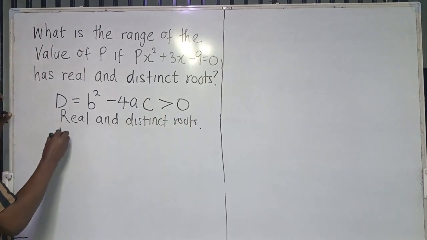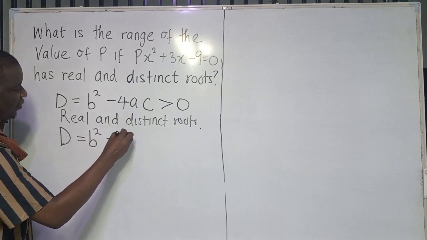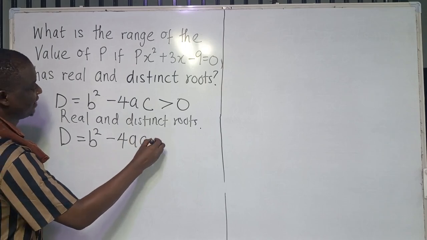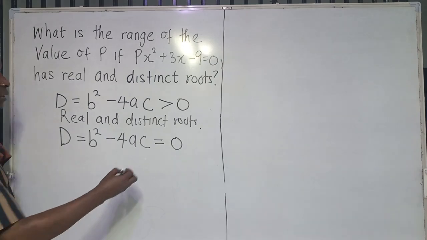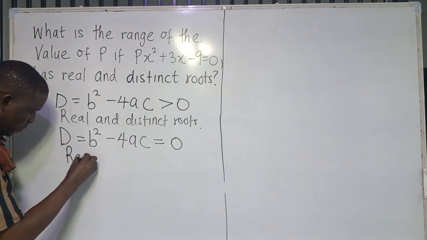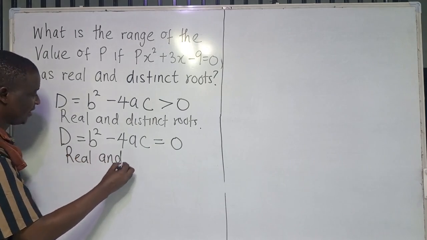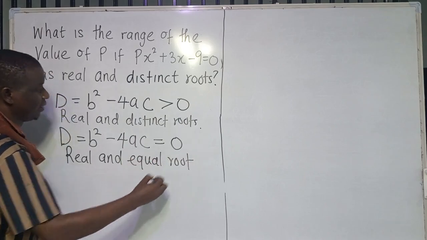What about if the discriminant D, b squared minus 4ac, is equal to 0? When the discriminant is equal to 0, it means the roots are real and equal. Please take note of that.